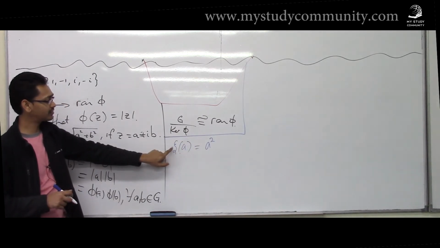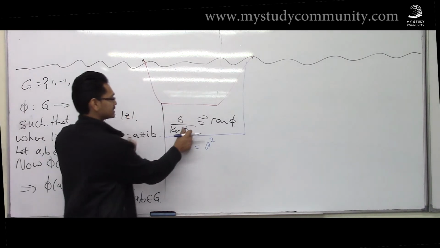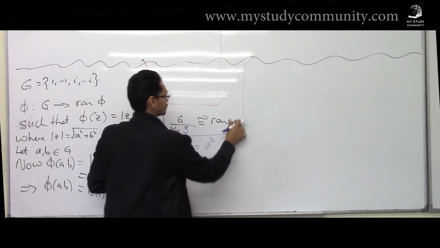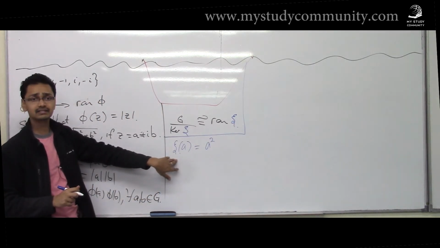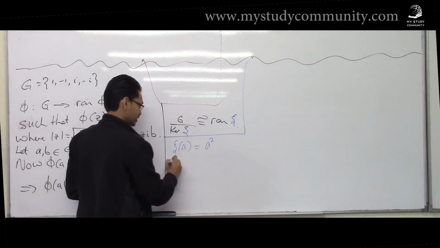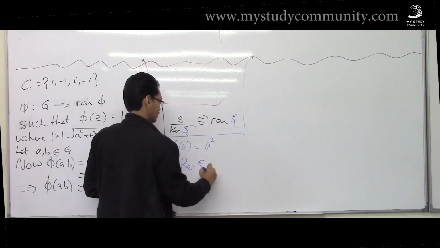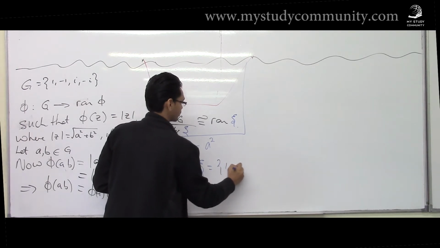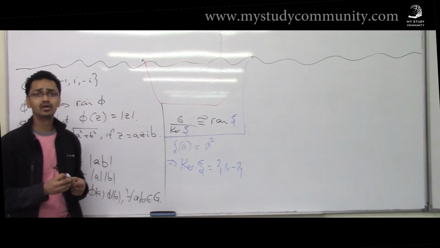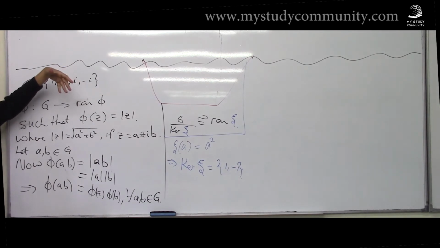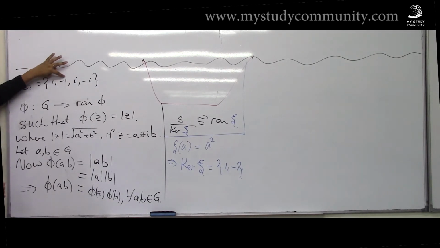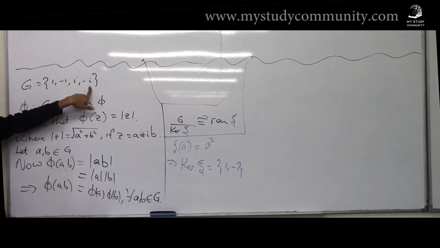So the kernel of this would be what? So instead this has to change. So the kernel of psi is, right, which should imply that the kernel of psi is 1 and minus 1. You understand that? Remember, the kernel is all the elements in the set that map onto the identity in the next set, and the identity in the next set is 1. So 1 squared is 1 and minus 1 squared is 1, but i squared is minus 1 and minus i squared is minus 1. You all see it?